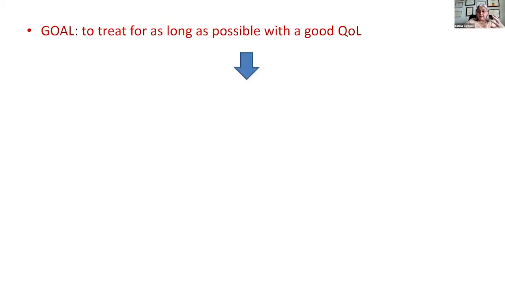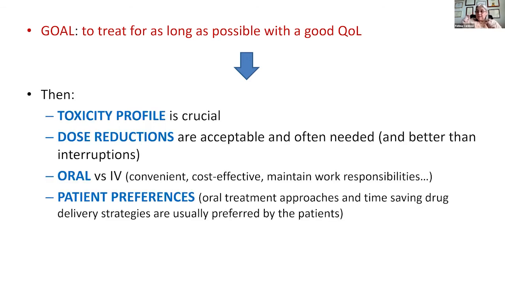Then I also wanted to discuss a couple of things with you. I told you that the goal is to improve the duration of life, survival, but with a good quality of life. So a couple of points. Toxicity is crucial.